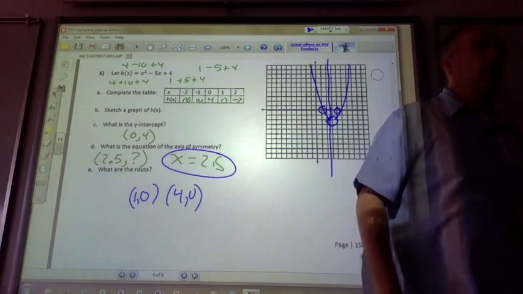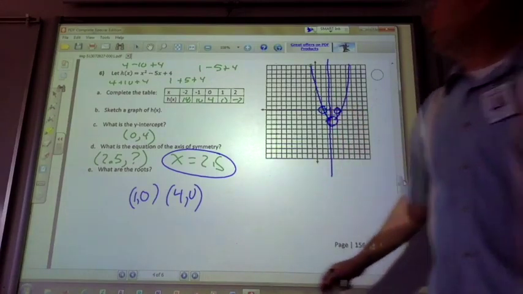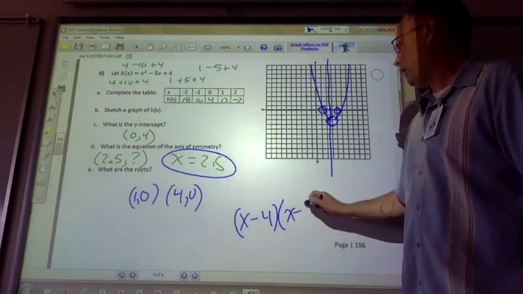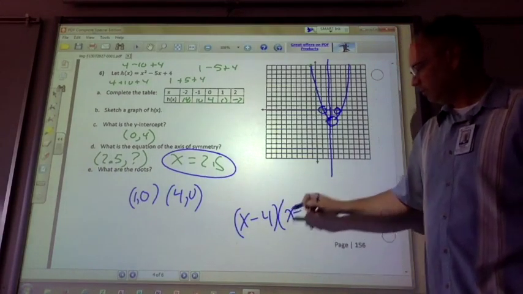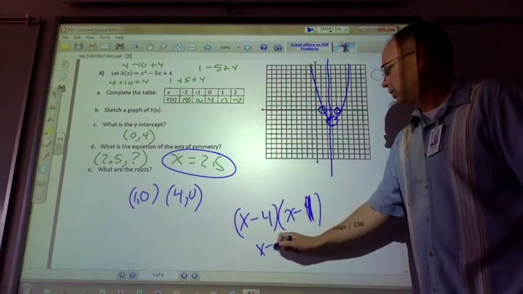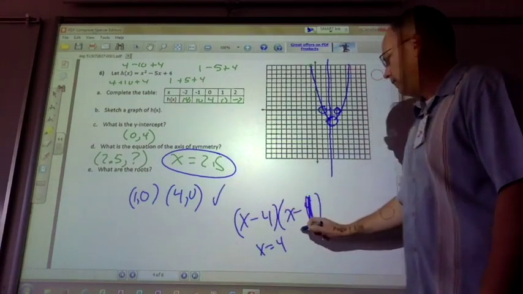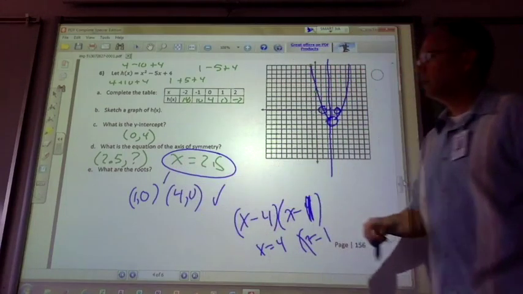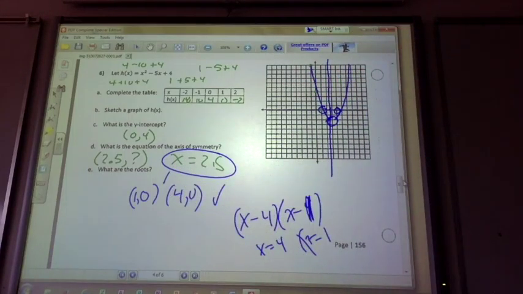How can you get there if you don't have the information? You can try and factor it. Well, I factor down x minus 4, x minus 1. So that's x equals 4. Check. That's x equals 1. Check. We're good. So there's ways of going about answering the questions without actually going through the whole problem.